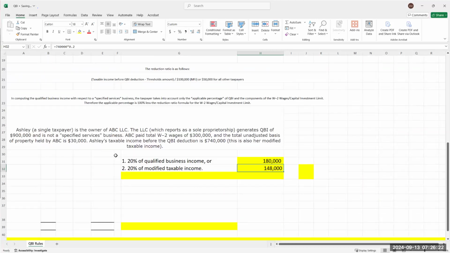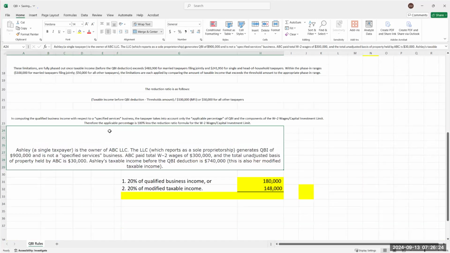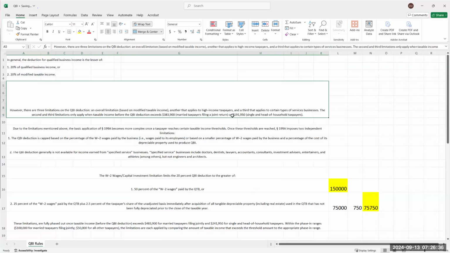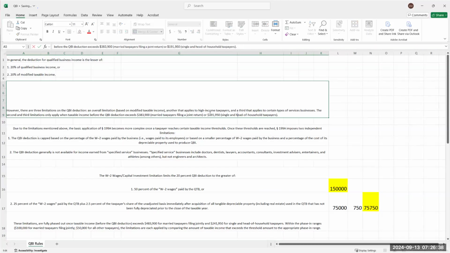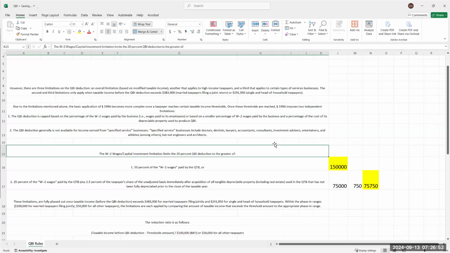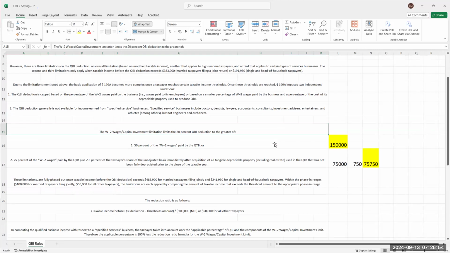At the very first surface level, and I'll go over it quickly, Ashley is a single taxpayer who generated QBI income of 900,000. Her taxable income before the QBI deduction was 740,000. Because her income was above the threshold, which is 191,950, there are some independent limitations that apply. That is why we had to factor in the W-2 wages and capital investment limitation.